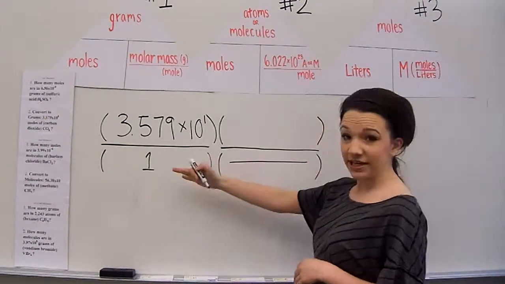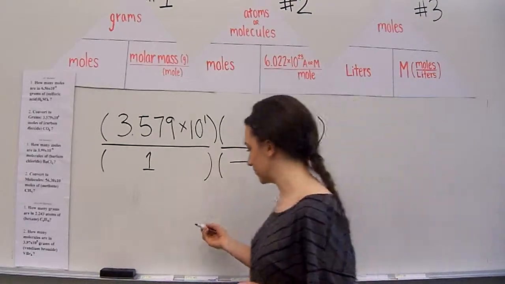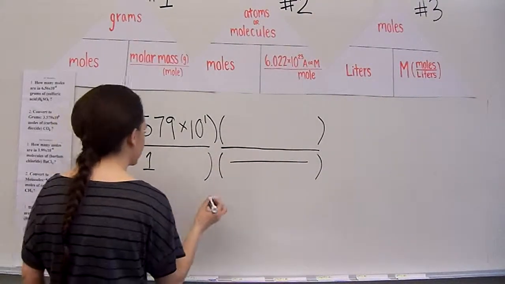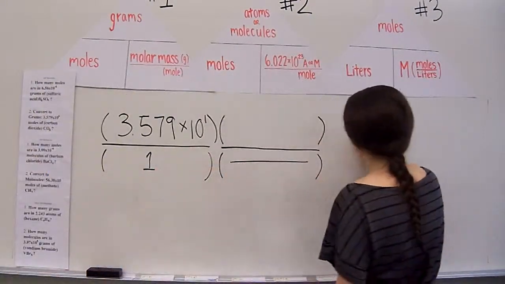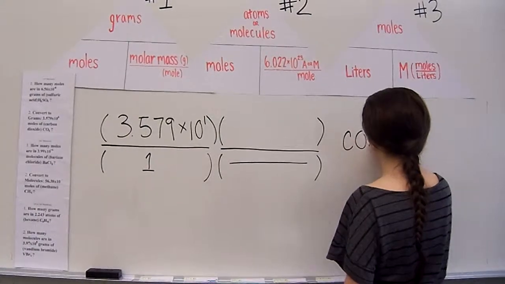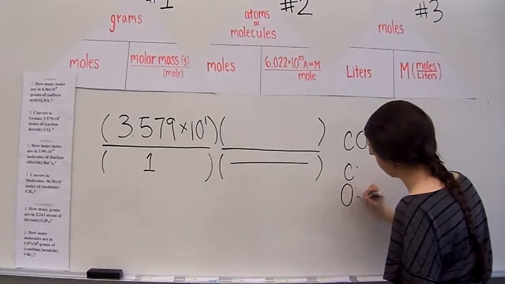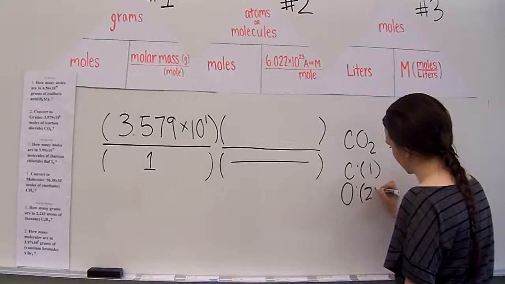So as I was stating before, we need to calculate the molar mass for CO2. Actually, I'm going to do this over here if you don't mind. So we have CO2. As I stated before, write down the elements. Carbon, we have 1 part carbon, 2 parts oxygen.